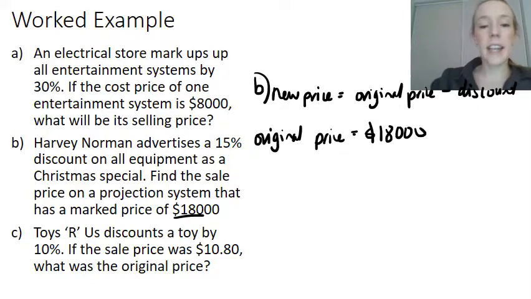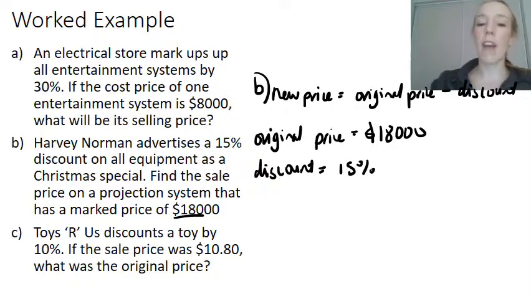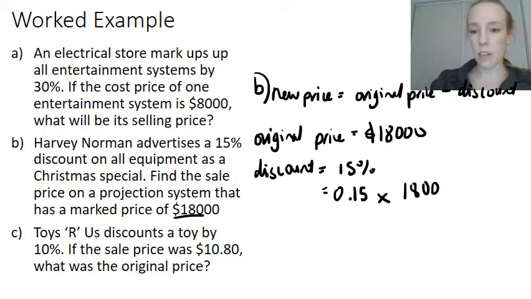Now our discount is 15%, so it's 15% of that 18,000. You turn that into a decimal, 0.15, multiply it by 18,000 to find out what it is, and that's $270.